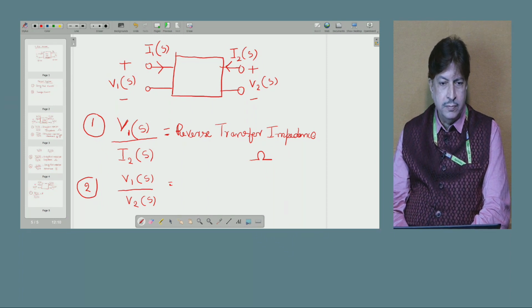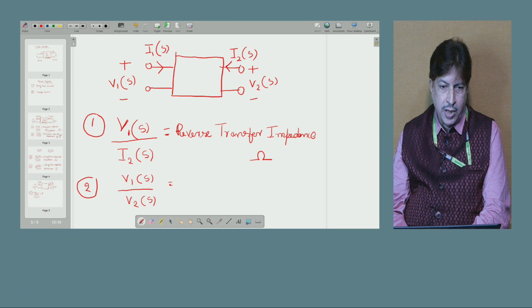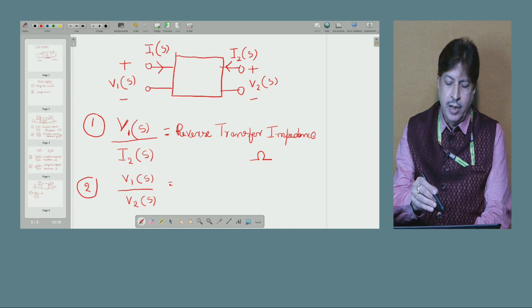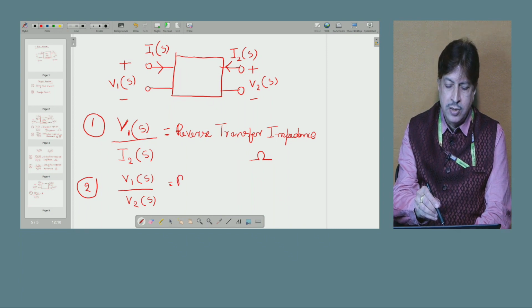Not only that, whenever the numerator variable belongs to the input side and the denominator variable belongs to the output side, we call that function a reverse function.